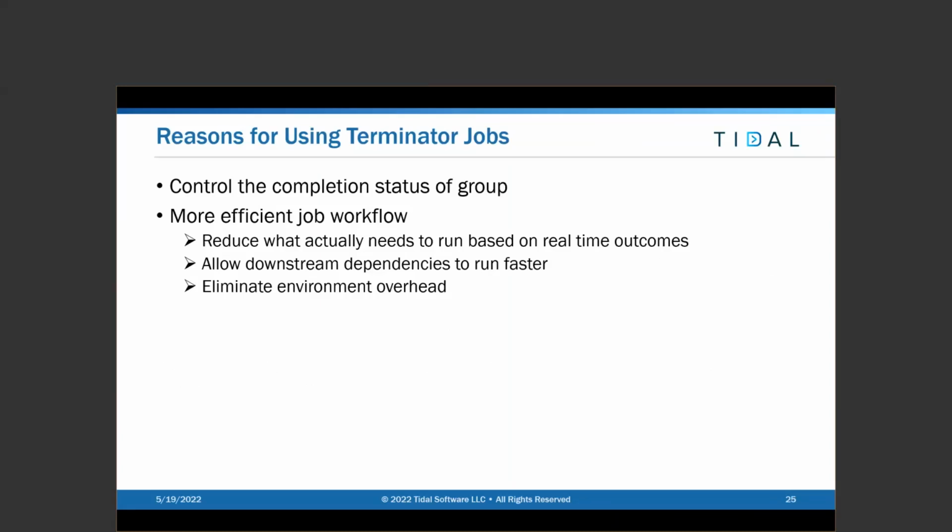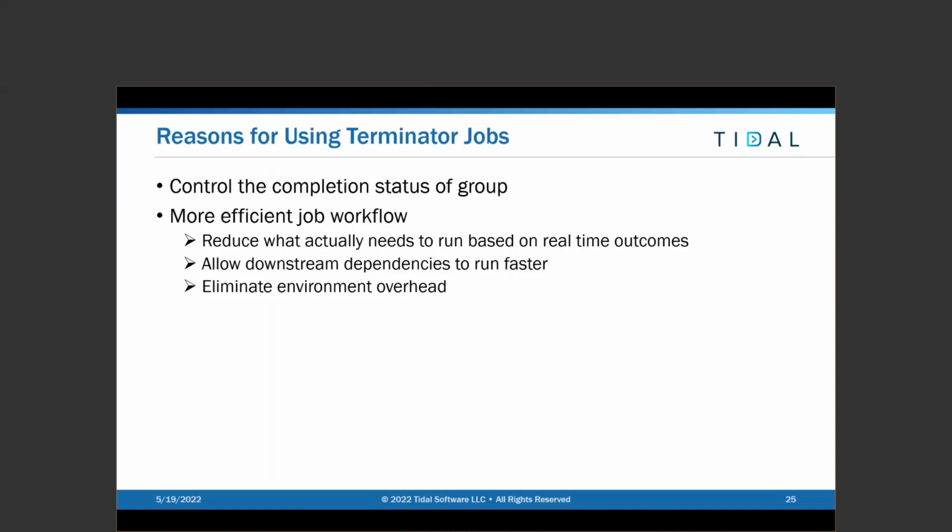If something completes abnormally, the group is going to become completed abnormally. Now with Terminator jobs, even though something completes abnormally, I can actually complete the group normally. So it gives you a little more flexibility with controlling that group and its group statuses for downstream job dependencies and what have you.